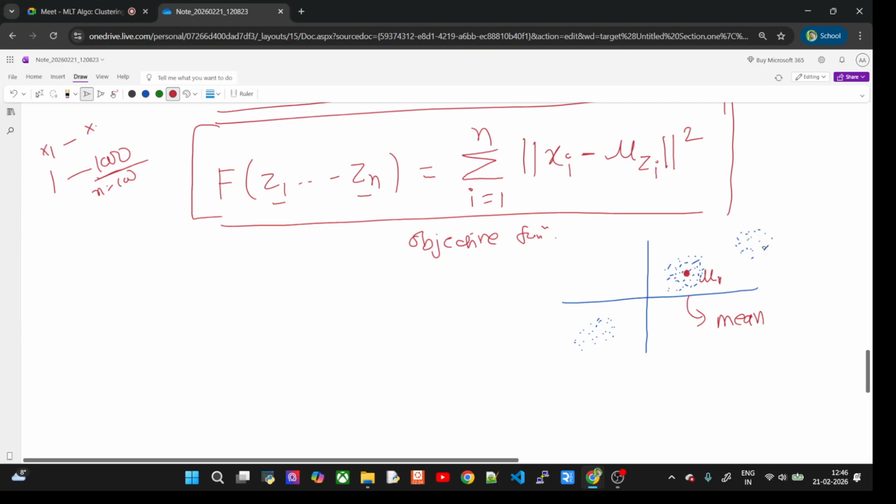For the next cluster you take another mean, mu2, and this cluster also has another mean, mu3. Each of these dots is an x point, and you subtract the mean from each point.